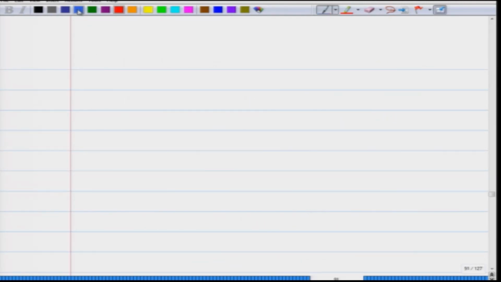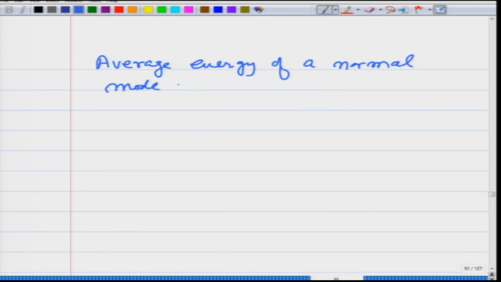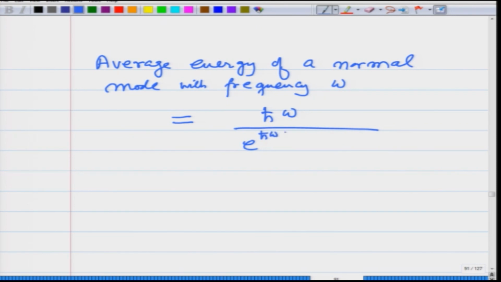So, I can say that the average energy of a normal mode with frequency omega is equal to h cross omega over e raised to h cross omega by kBT minus 1, because beta was nothing but 1 over kBT, and this is using the quantum mechanical treatment.